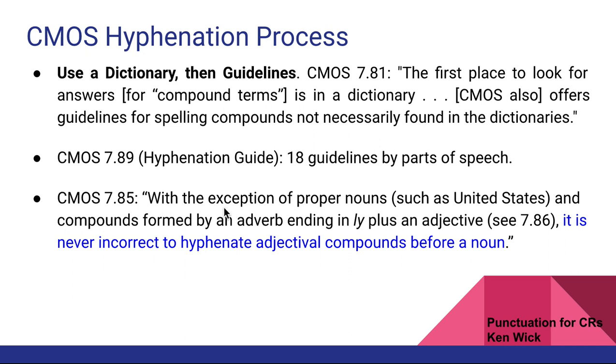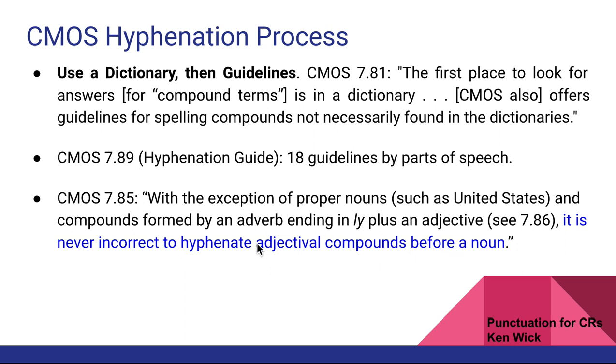And then this is a very important rule. CMOS 7.85 says, with the exception of proper nouns such as United States and compounds formed by an adverb ending in ly plus an adjective, so these are two parts of speech, an adverb and an adjective, except for these two exceptions, it is never incorrect to hyphenate adjectival compounds before a noun.